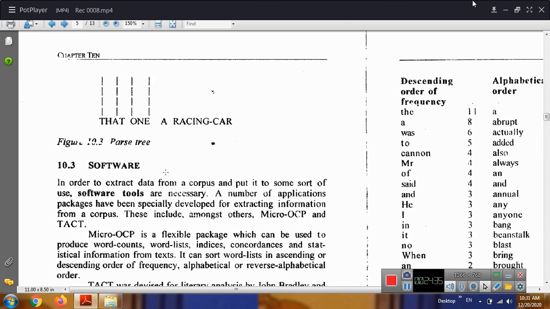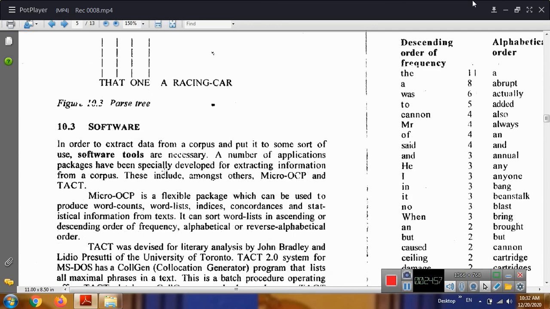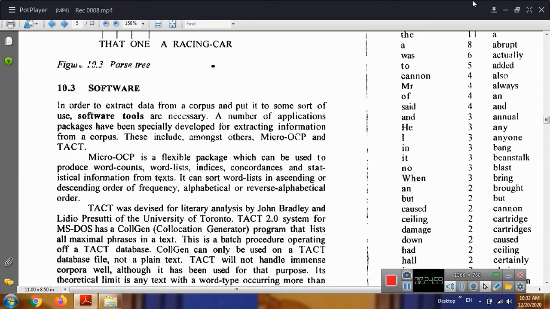About the software. In order to extract data from a corpus and put it to some sort of use, software tools are necessary. A number of application packages have been specially developed for extracting information from a corpus. These include, amongst others, MicroOCP and TACT. Here we have two software packages for extracting data from the corpus.